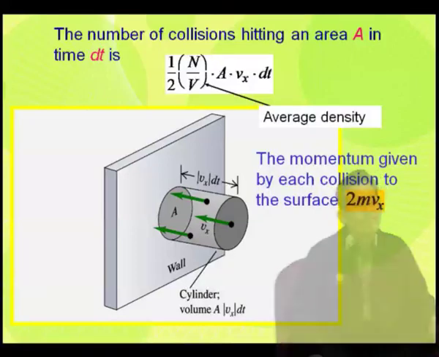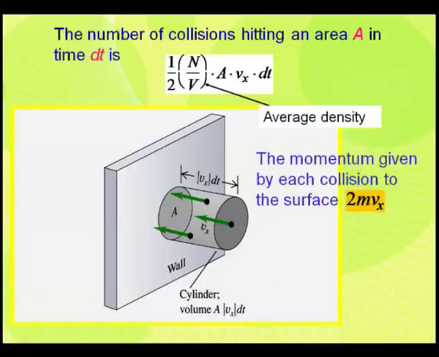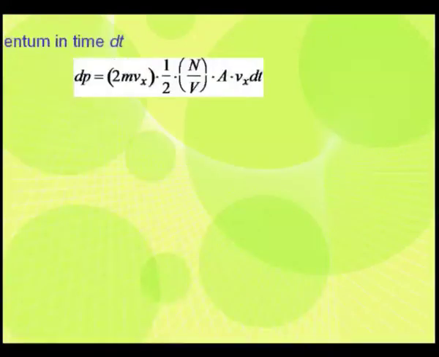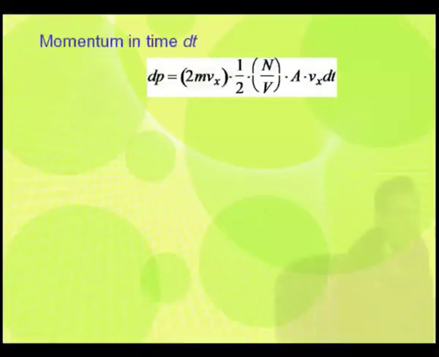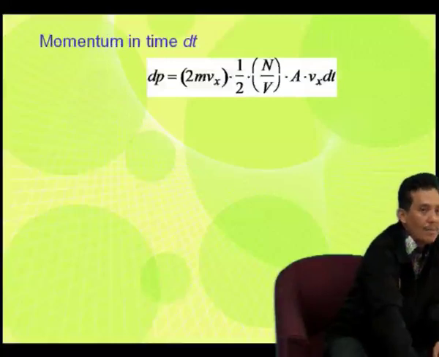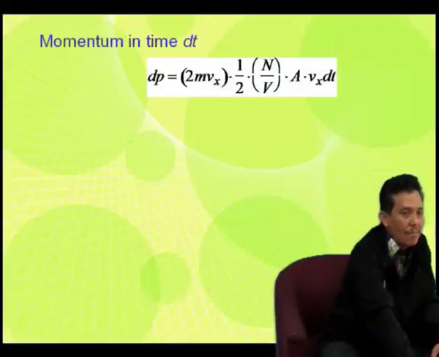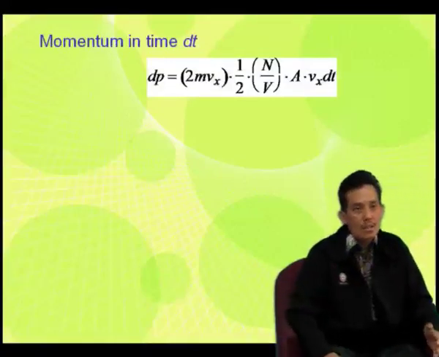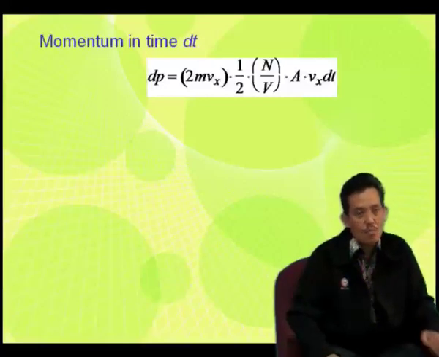And the momentum given by each collision to the surface is equal to 2m Vx. m is the mass of the molecule and Vx is the speed of the molecule in the x direction. So here the momentum in time delta t is represented by this equation.